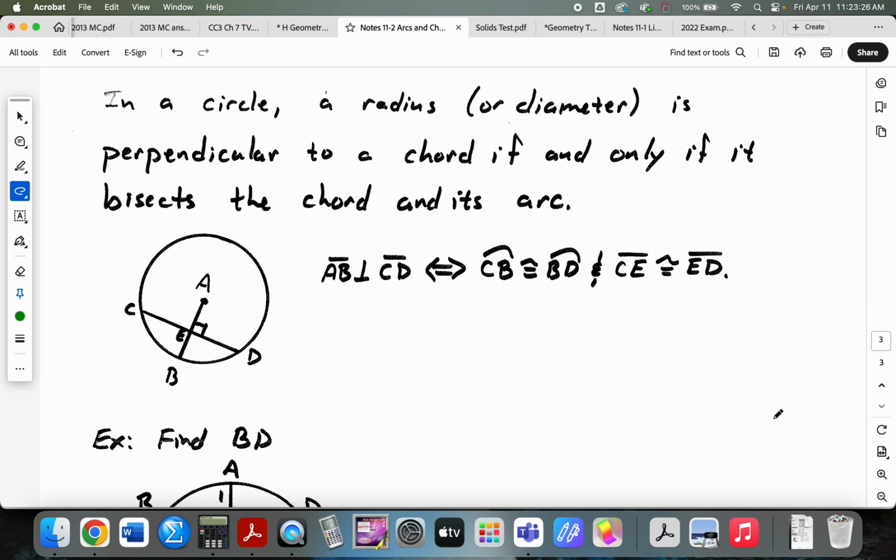So in this picture, if we know that AB is perpendicular to CD, AB is a radius, CD is a chord, then I know that it's going to cut this chord in half and it's going to cut the arc in half. So these two are going to be congruent to each other, and these two arcs will be congruent to each other as well.